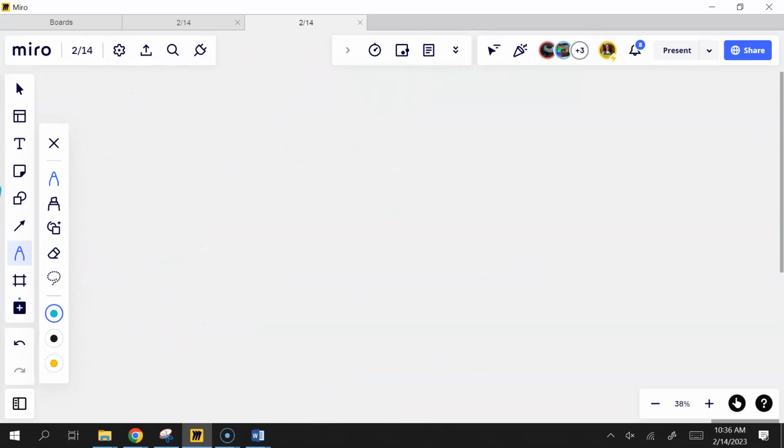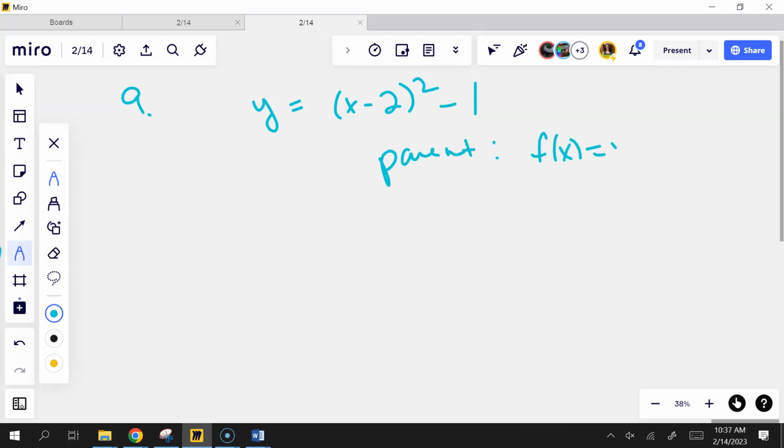Again with the quadratic, right? 9 is y equals x minus 2 squared minus 1. What is the parent function? X squared. F of x equals x squared. What transformations are happening to the parent function?